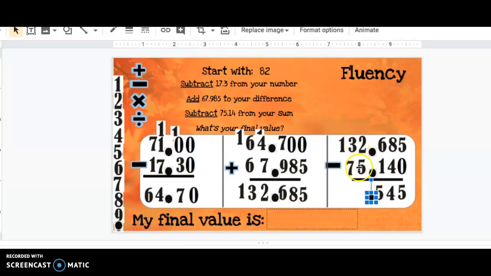2 minus 5 we cannot do, so we have to go to that 3 and take from it. So the 3 now becomes a 2, and the 2 becomes a 12.